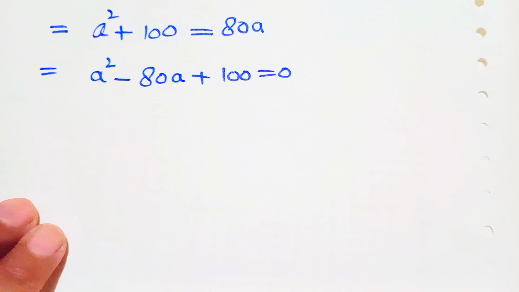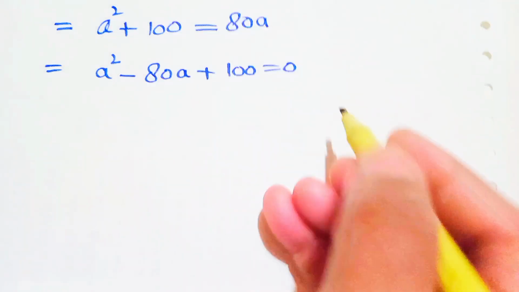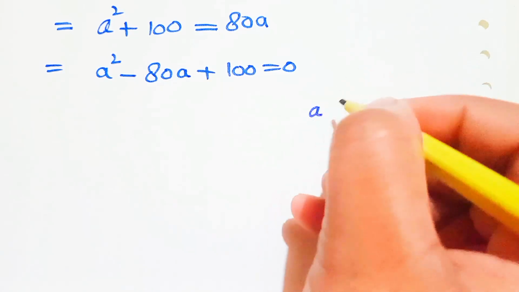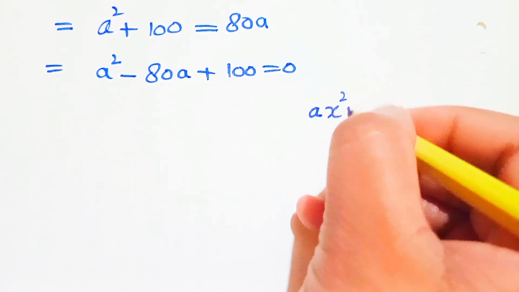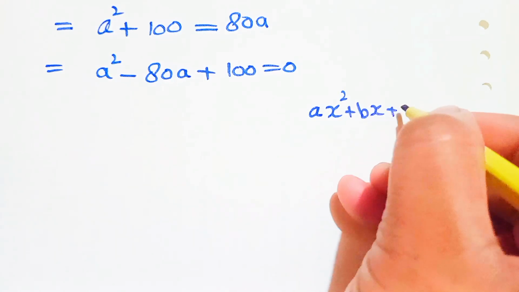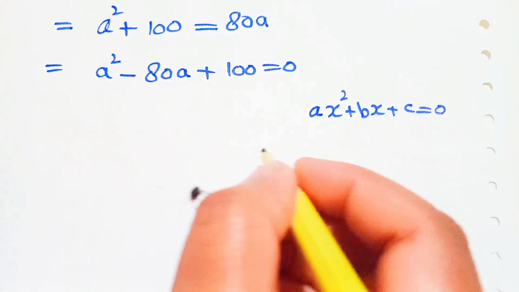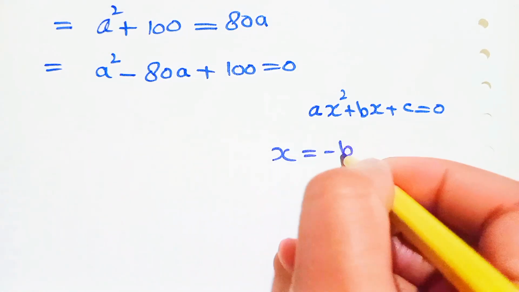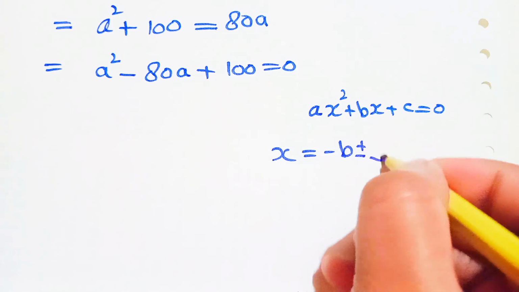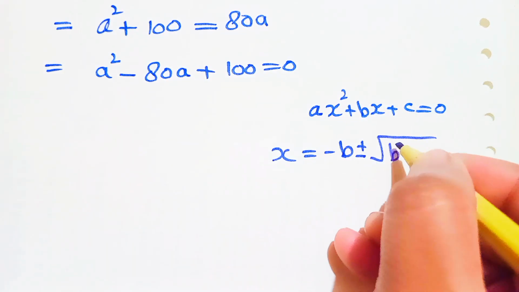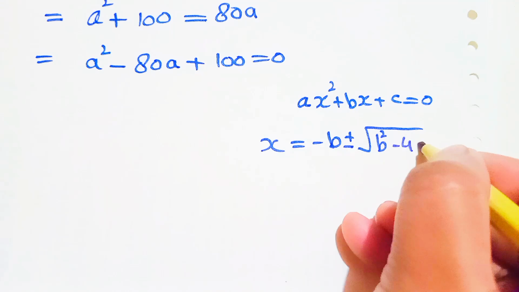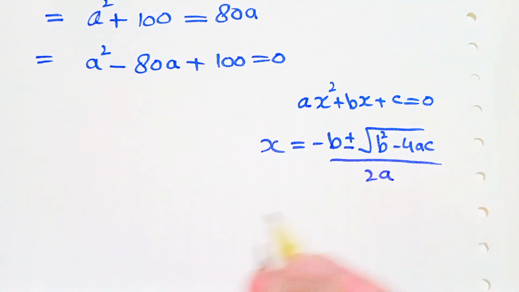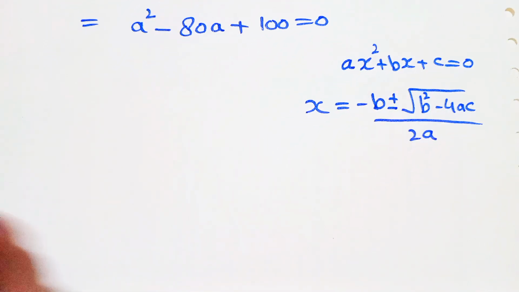Here we solve this equation with the help of the quadratic formula, which is: for ax squared plus bx plus c equal to 0, x is equal to minus b plus or minus square root of b squared minus 4ac, then over 2a.